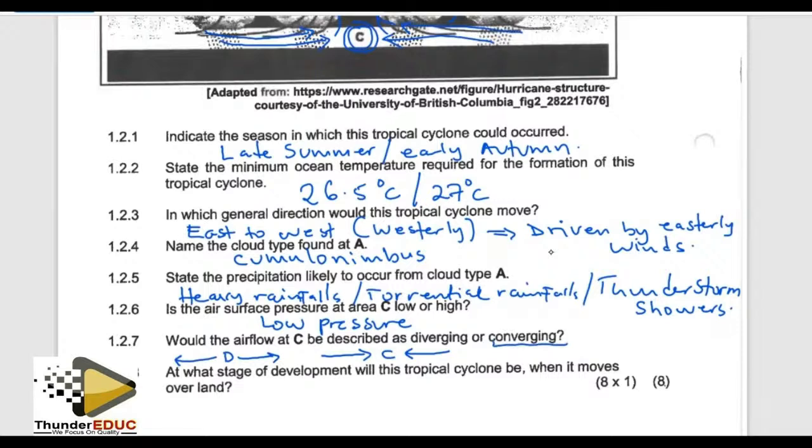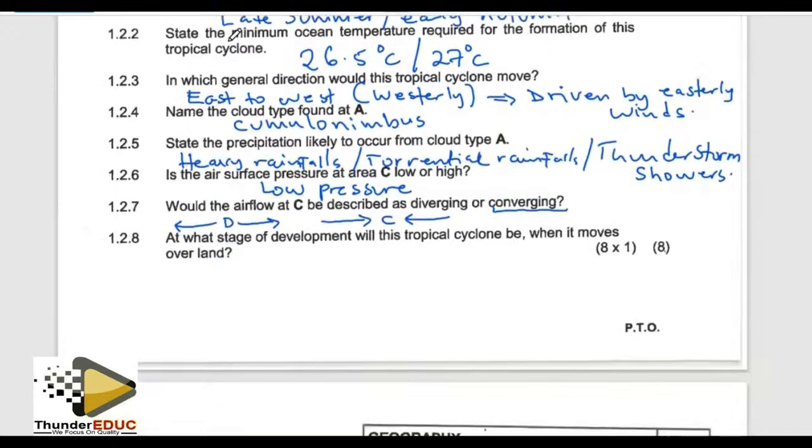1.2.8: at what stage of development will this tropical cyclone be when it moves over land? All of us know that whenever cyclones move over the land, they lose their energy. There will be less latent heat, cooler conditions, and inflow of dry air, which means the cyclone will be in its dissipating stage.